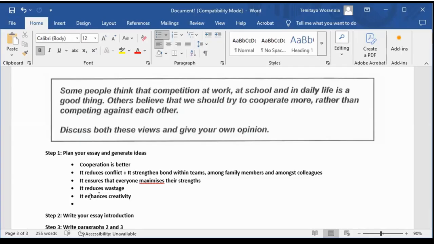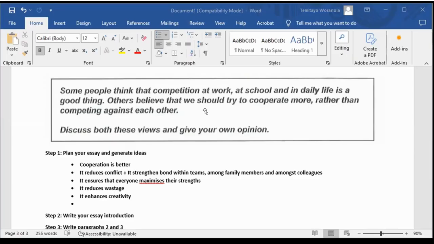Now, for my discussion essay, the question says discuss both views. So I need to also talk about the issue of competition. But I won't say a lot about competition because competition is not the one I want to really support. It is not my main gist. My main gist is cooperation.